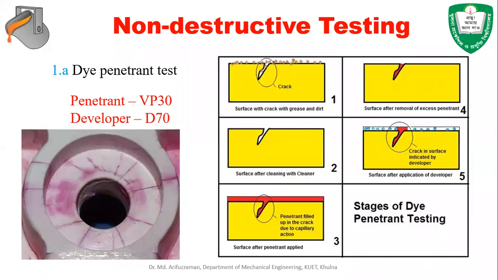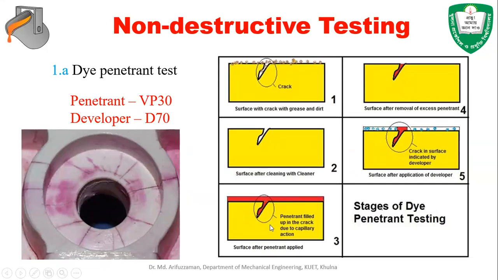After the cleaning, you put the penetrant on the surface. Due to the high capillary action of the cracks, and the penetrant also has a great affinity to the crack, that is why this penetrant penetrates into the cracks.